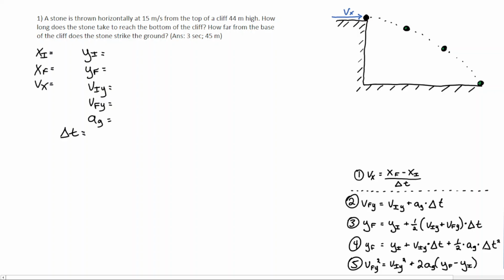So this is the structure. We're going to start pulling out our given information. A stone is thrown horizontally at this velocity. What is this velocity telling us? Well, that's going to be the velocity in the x direction. So we have our 15 meters per second from the top of a cliff at this height. Okay, well, that's our initial height.